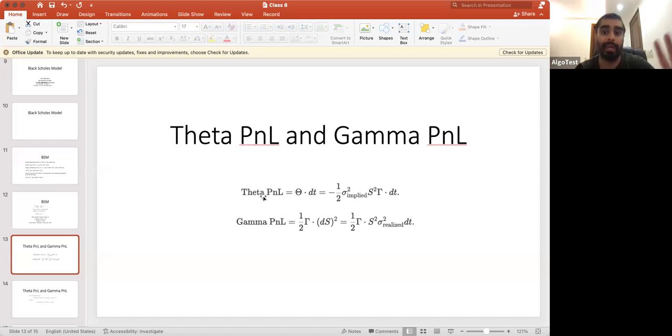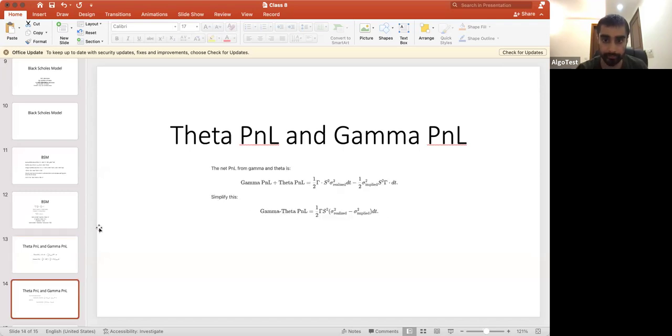So this is an example of buying an option. If I buy an option, I'm paying the theta and I'm collecting the gamma, right? And essentially, when I add these two together, my gamma PNL and my theta PNL, and these are just directly coming from the Black-Scholes model, everything about them is exactly the same except these two terms, which are my gamma PNL is coming from the stock price moving around, and that is related to my RV, my realized volatility, and my theta PNL is coming from the price at which I bought the option or I sold the option, right?